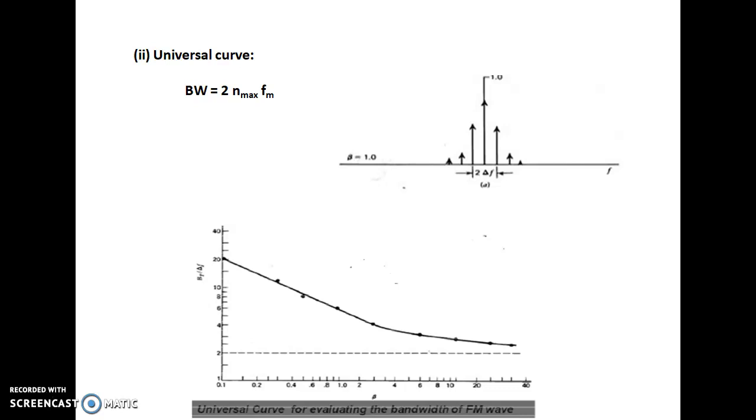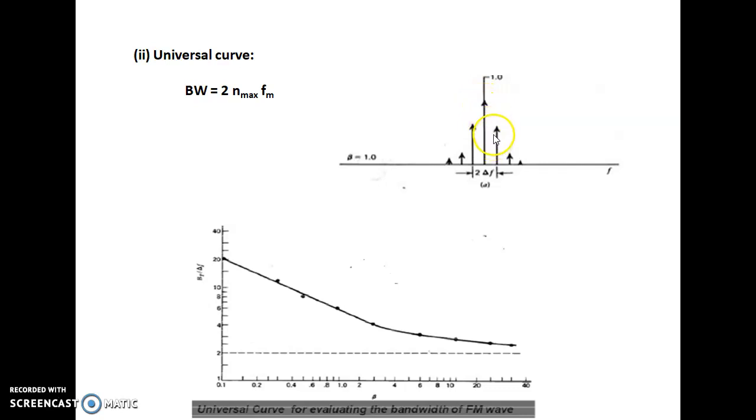I'll simplify this and say n max is the number of spectral components for which the amplitude should be at least greater than 1% of your carrier frequency amplitude. If this is your Fc, the middle one is Fc, so the carrier frequency amplitude is this much.